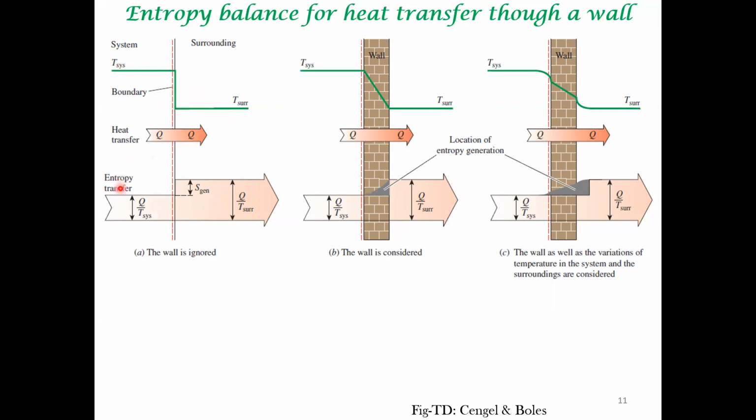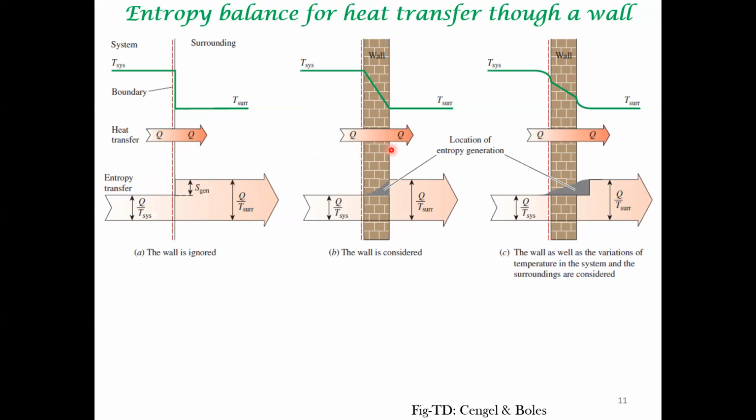So the entropy lost by the system is this quantity. The entropy gained by the surroundings is this amount of heat divided by the temperature of the surroundings. Because the temperature of the surroundings is less than that of the system, the entropy gained by the surroundings is much more than the entropy lost by the system, and this difference comes out to be S generation, entropy production.